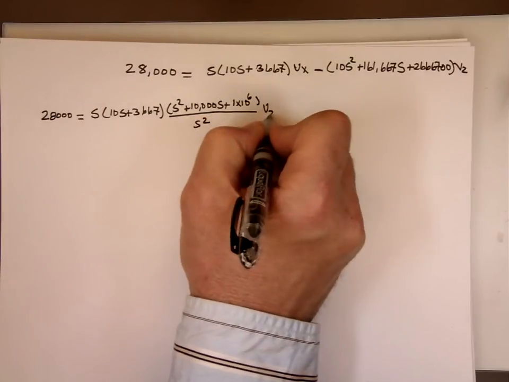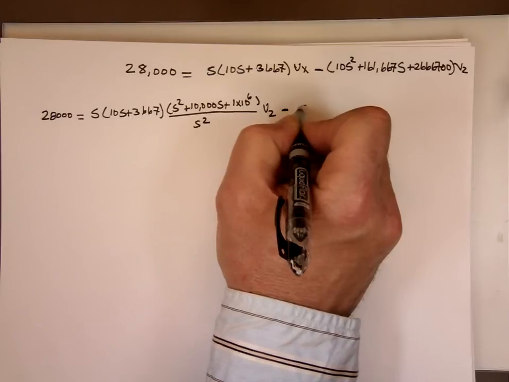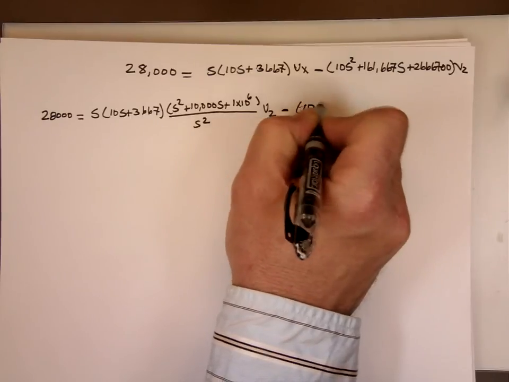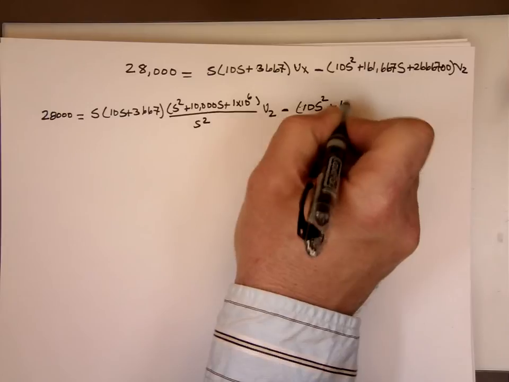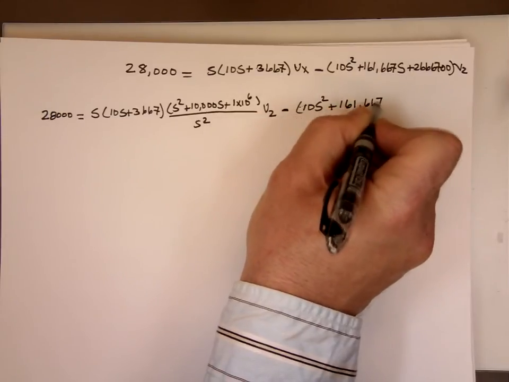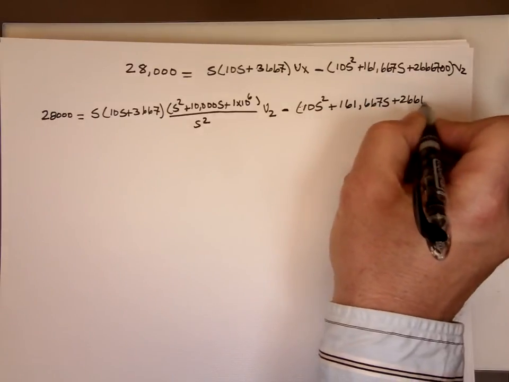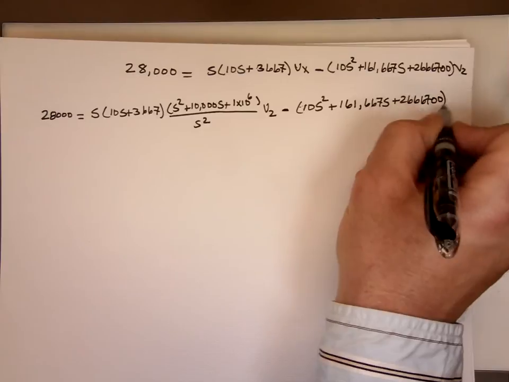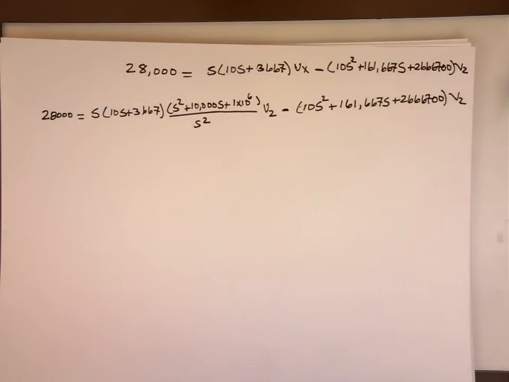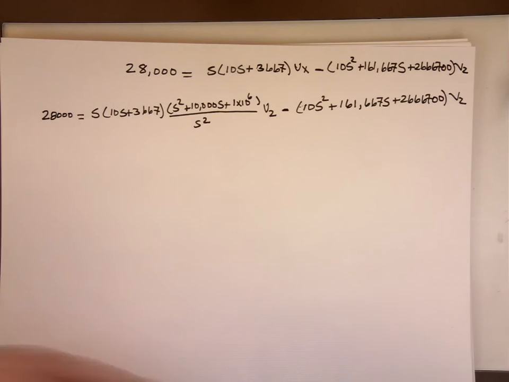Minus 10s squared plus 161,667s plus 2666700 V2. So now how many unknowns do we have? 1. If we can just simplify the algebra, we'll be in good shape. This s cancels one of these.